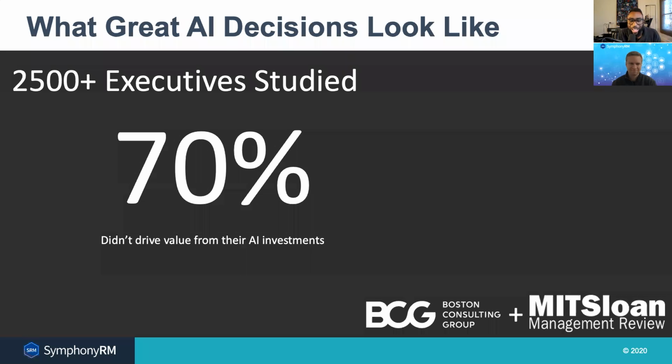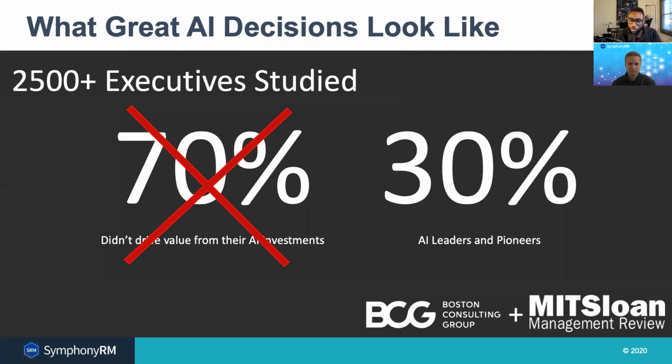And I work for a healthcare AI company, folks. I'm at an AI company saying that 70% of the leaders who invested in it didn't get successful. I mean, that's maybe a conflict of interest there. But ultimately, we're trying to figure out what mistakes they made, how to avoid being in that 70% category, and really focus on the gains that these people were categorized as AI leaders and pioneers.